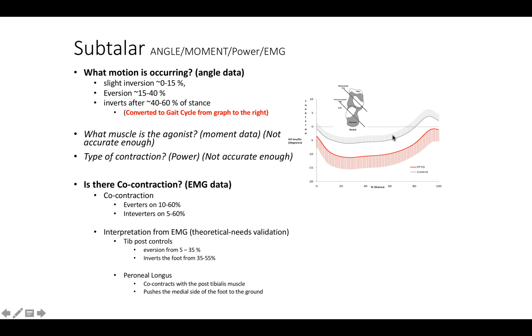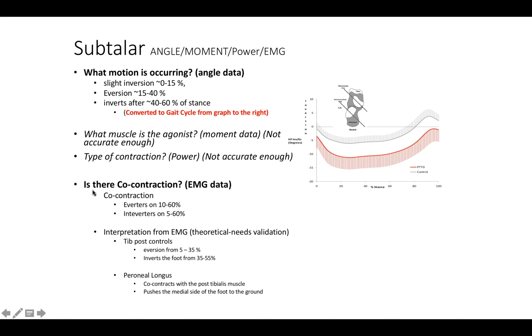That inversion gives the foot stability, so as the plantar flexors increase their moment, that synchronizes somewhat with the ability of the foot to handle that torque and then transfer the torque from the plantar flexors to the ground. So the inversion here peaks right around the terminal stance at about 5 to 10 degrees.